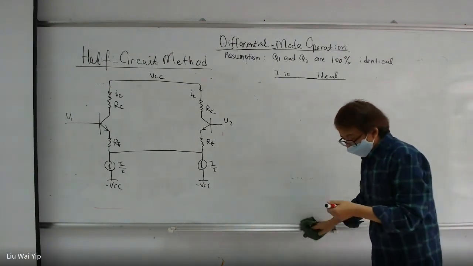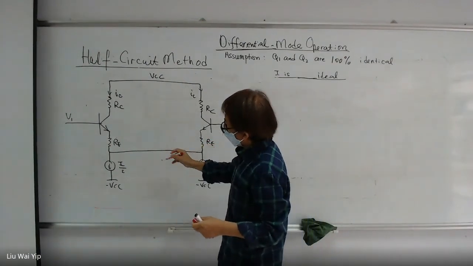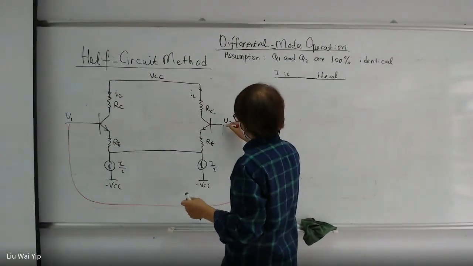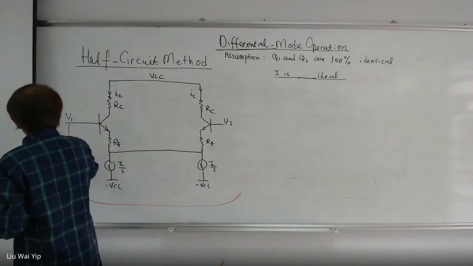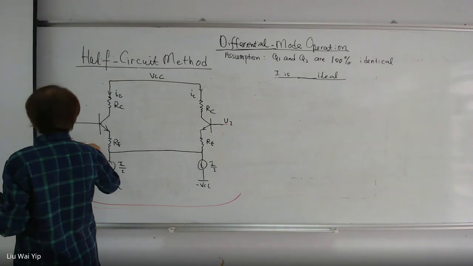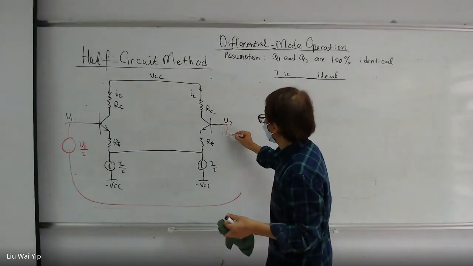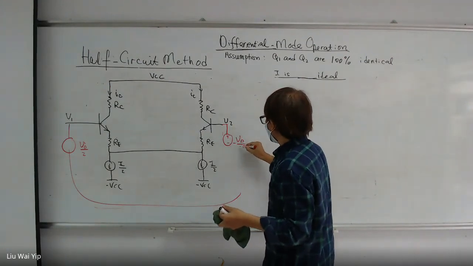By the way, we need to also connect to the input. We have one input, and also here minus VD over 2.